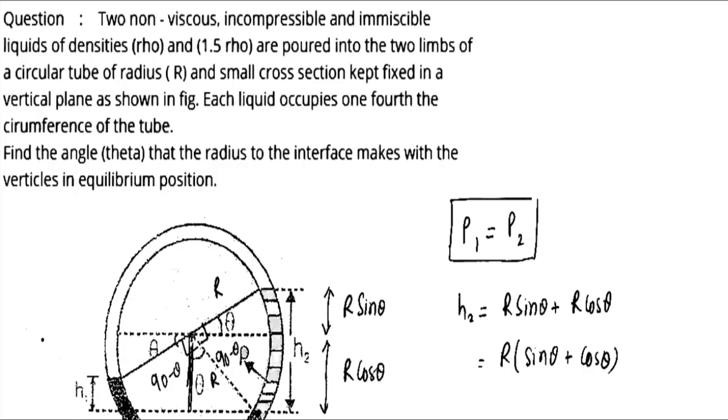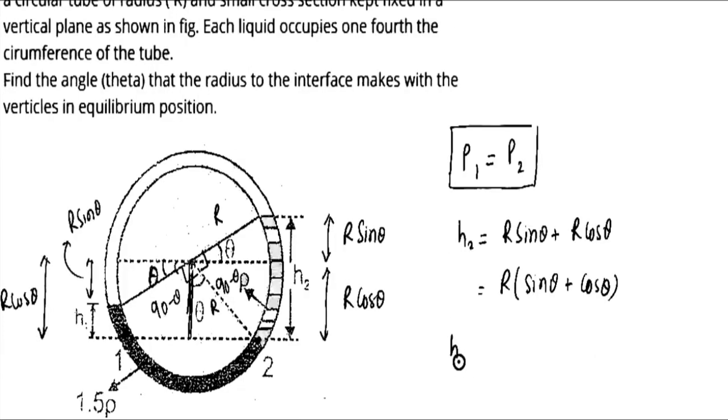In the diagram, that total height is r cos theta, and if that angle is theta, that height is equal to r sin theta. It means that the value of h1 is the difference of r cos theta and r sin theta, meaning r cos theta minus r sin theta. So we get r common, so cos theta minus sin theta.